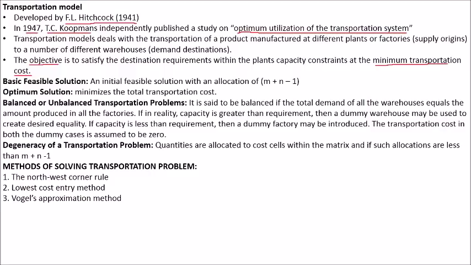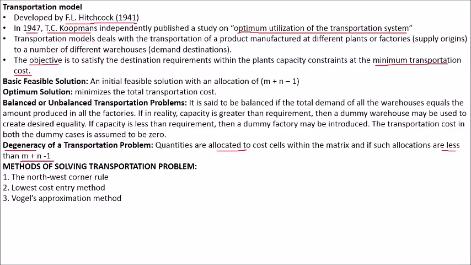If it is more than 6, there is no issue, but if it is less than 6, it is called degeneracy. So what is degeneracy? If the allocated cells are fewer than m plus n minus 1, then it is degenerate. If it is degenerate, we need to assume some allocations and then proceed with the problem. That type of problem we will see in the next class.